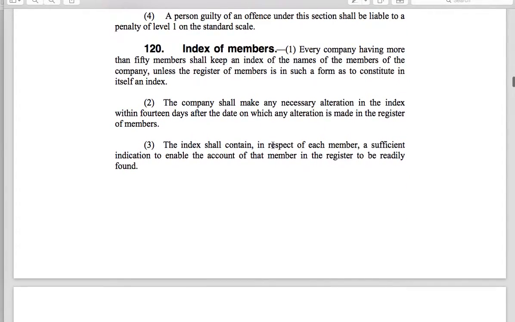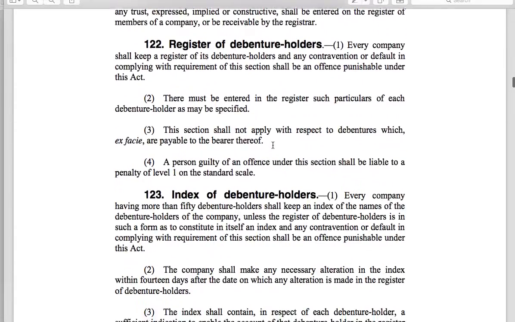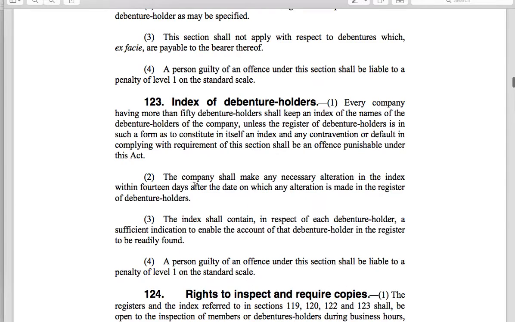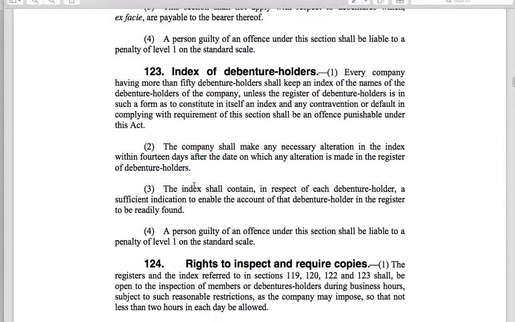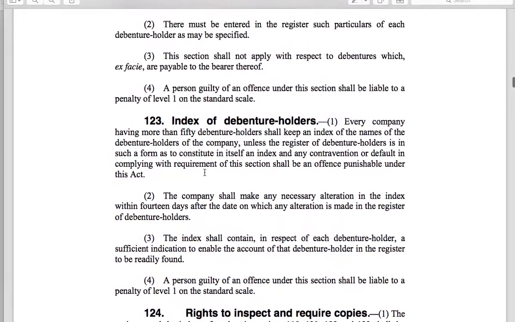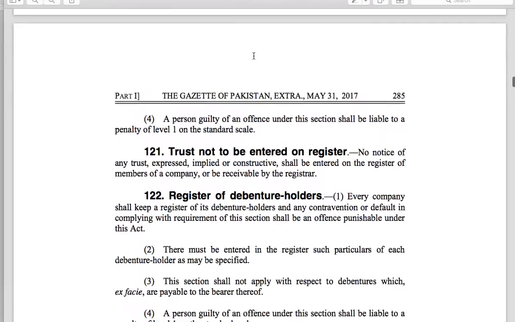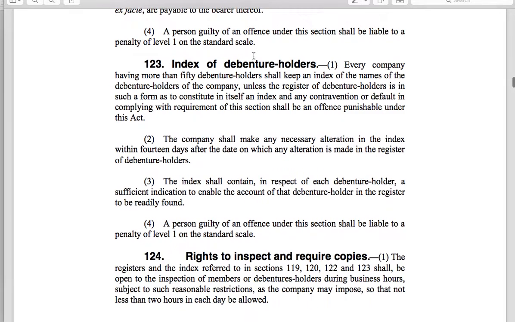Okay, the index of members. Along with these, we also have to maintain, after section 123, section 123A: an index of ultimate beneficial owners. This means that if someone has been entered as a member but does not receive the dividends or control the company, he is a proxy member, then another register index has to be maintained, and the real owner has to be entered.